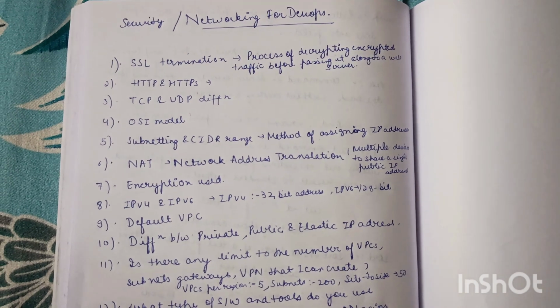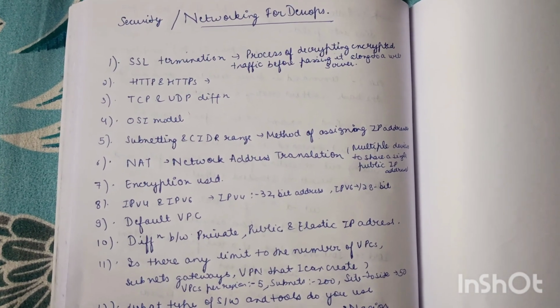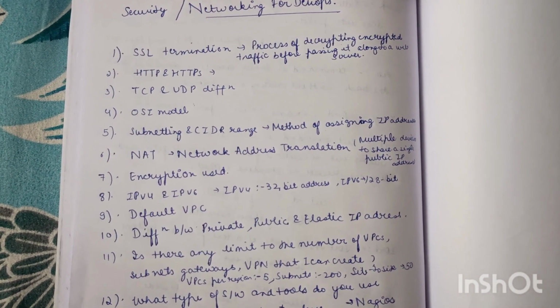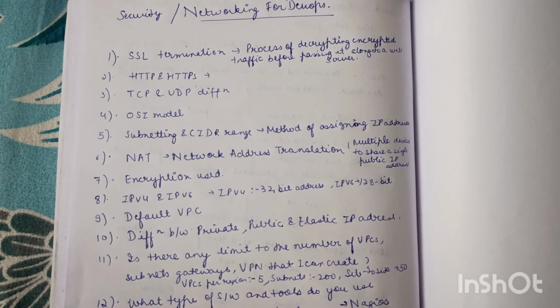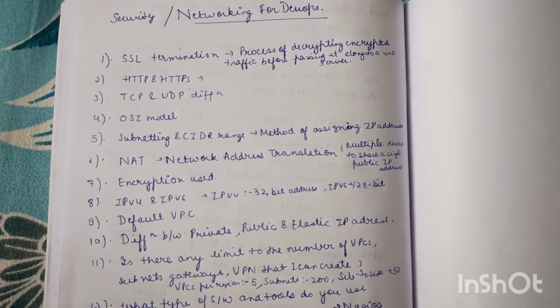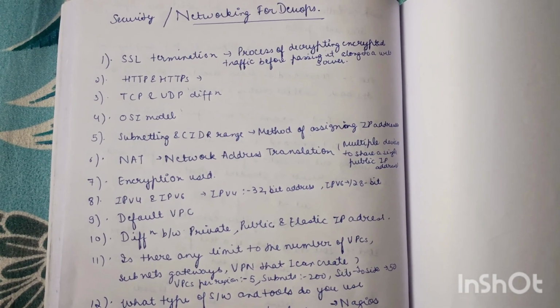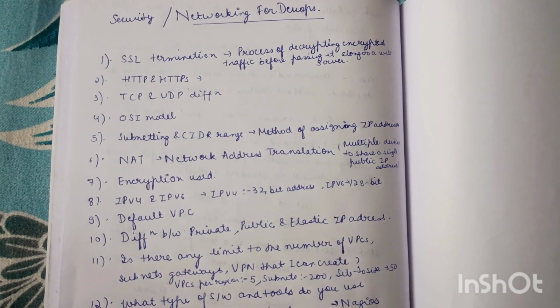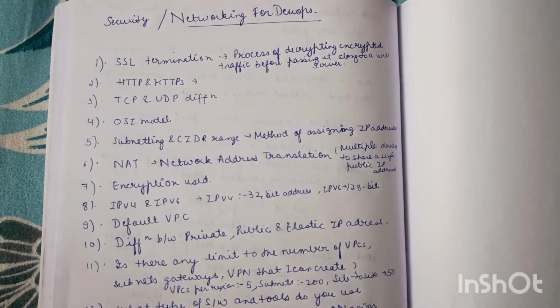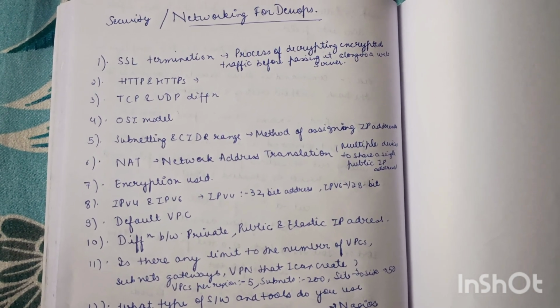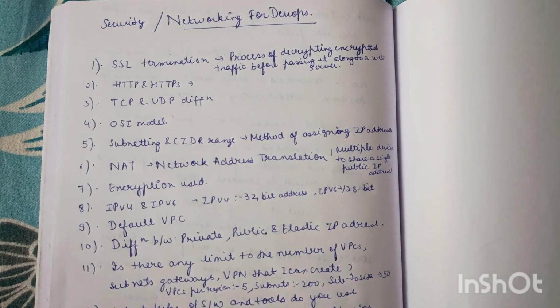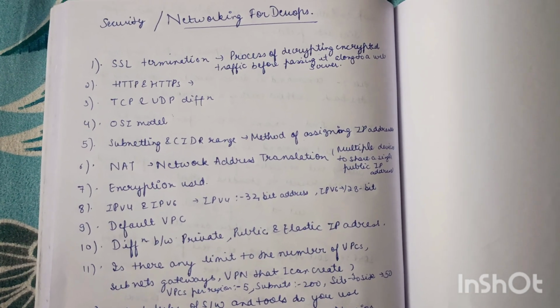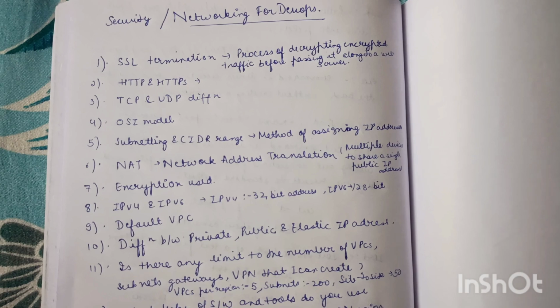And CIDR, classless inter-domain routing, is a method of assigning IP addresses. When we assign IP addresses to these subnets, private subnets will have an IP address within a certain range. In this way we can use subnetting and CIDR.